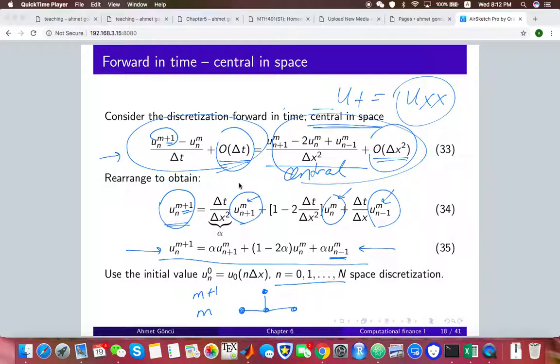So this shape here basically demonstrates how the solution in the next time step is obtained. So this graph, if you like, is called the stencil. In the finite difference methods, we call this the stencil, which is a simple graph that shows how our next values in our solution u are calculated.